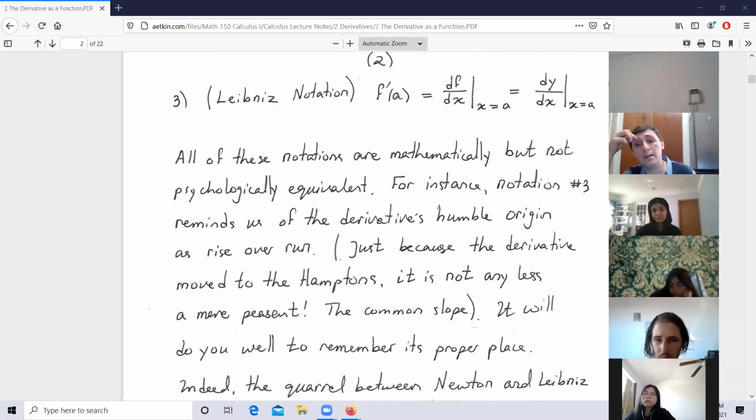In fact, after Newton and Leibniz had an argument, the calculus on the British island stalled for about 50 years just because of that notation. You understand what I'm saying? And those were not stupid people. Those are very, very brilliant people, both on the English island and on the continent. But you understand what I mean? If you have a very clear, easy way of thinking about it, you can make enormous progress. 50 years. What do you think it does for you if you are not thinking of it simply?